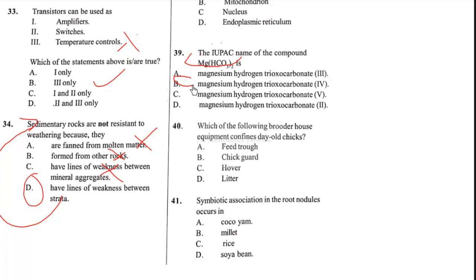Which of the following brooder house equipment confines the chicks? That's the chick guard. Symbiotic association in the root nodules occurs in soya beans.